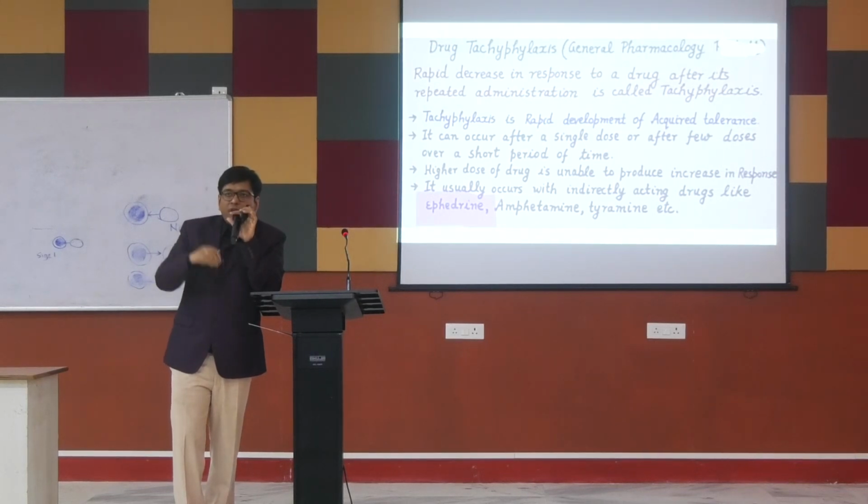Now again, if you give ephedrine, the amount of noradrenaline available is very low. Noradrenaline synthesis is not that fast. So again, if you give ephedrine, noradrenaline is not available. So clinical response comes down.